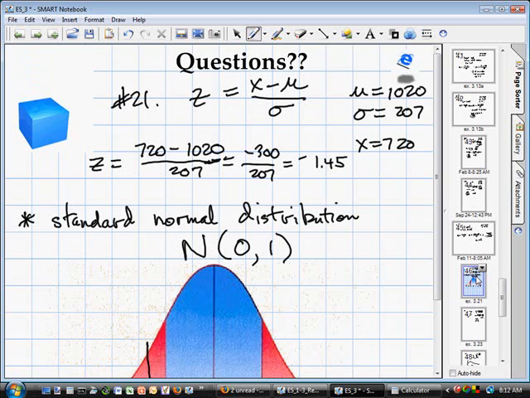So we take our 720, subtract the mean, divide by the standard deviation, and I came up with negative 1.45 for my z-score. I haven't done the table yet, so let's do that.